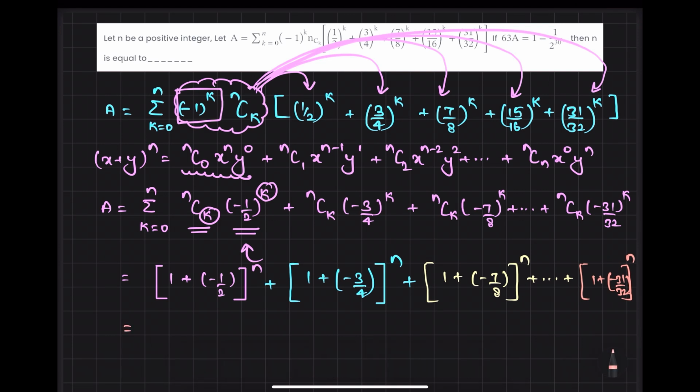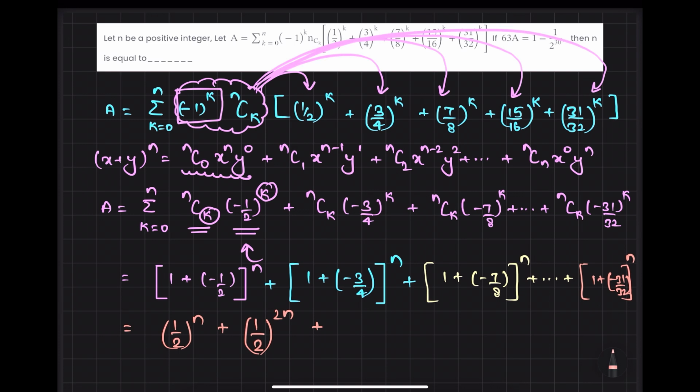So look at your first entity, 1 minus 1 by 2, it is 1 by 2, 1 by 2 power n. Then next term, it is 1 minus 3 by 4, so it is 1 by 4. So can I say that 1 by 4 power n is 1 by 2 power 2n? Correct. Now 1 minus 7 by 8, so it is 1 by 8.